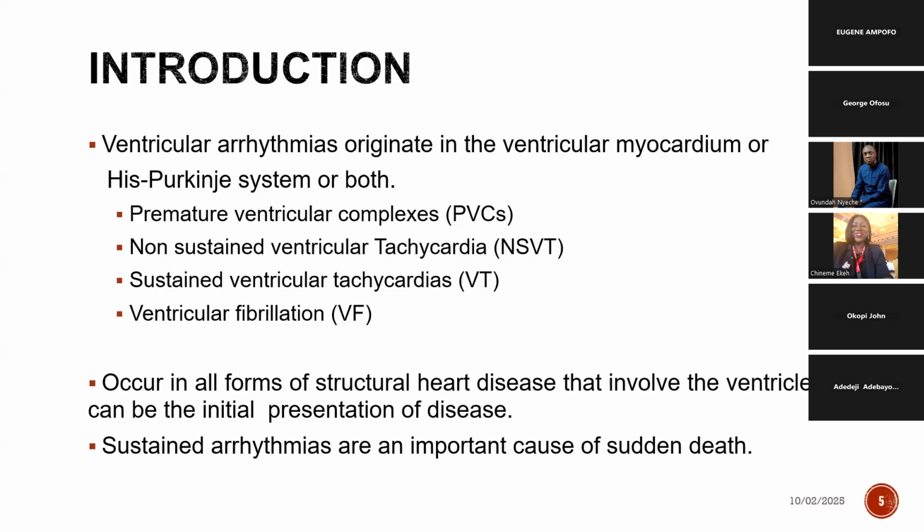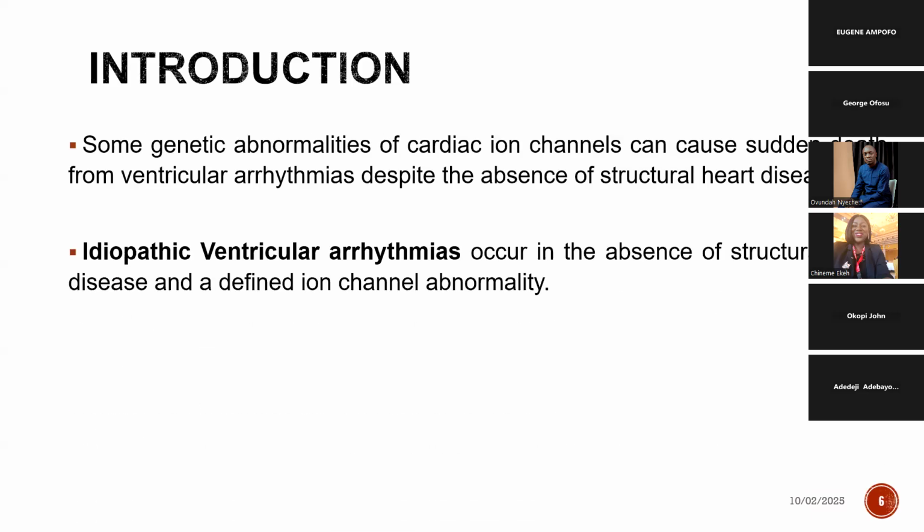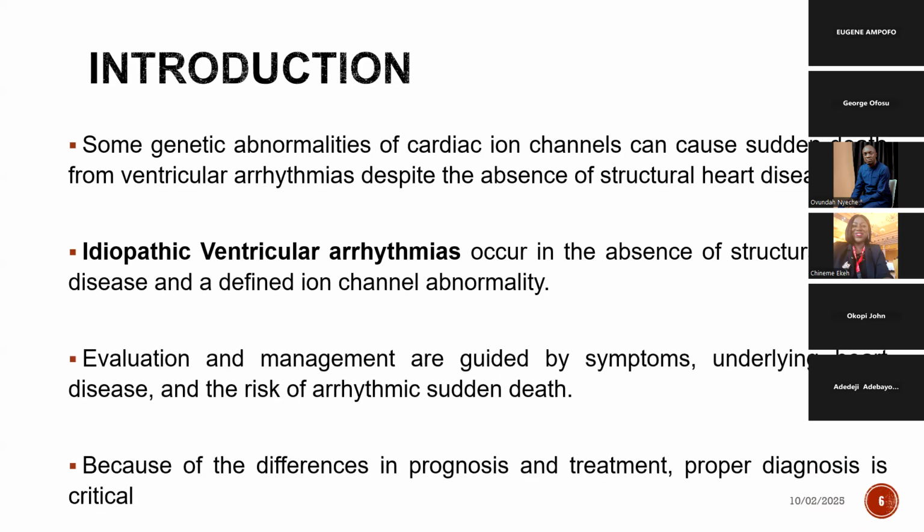Sustained arrhythmias are an important cause of sudden death, and some genetic abnormalities of cardiac ion channels can cause sudden death from ventricular arrhythmias, despite the absence of structural heart disease. So we have what we call the idiopathic ventricular arrhythmias, which occur in the absence of structural heart disease and a defined ion channel abnormality.